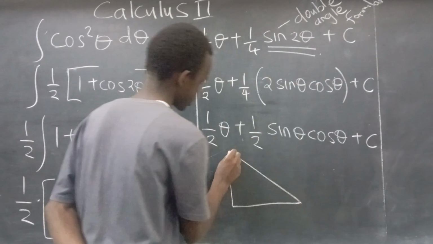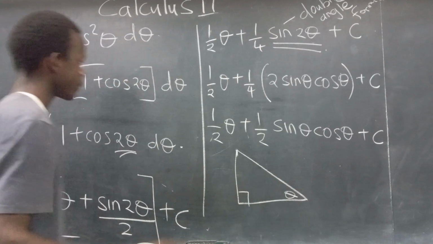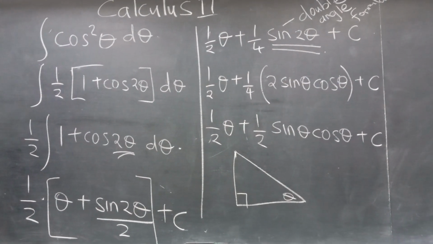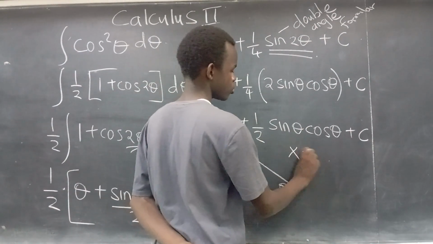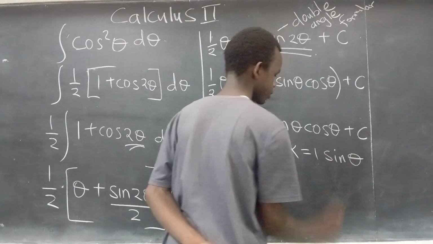So let's draw our Pythagorean triangle. In our Pythagorean triangle, this is the right angle. Let me choose my theta to be that. But keep in mind, what was our first assumption? Our first assumption was let x be 1 sine of theta, right?